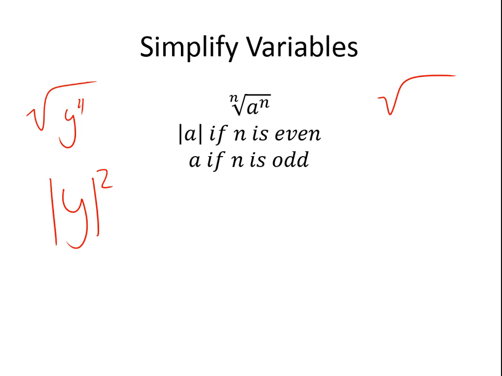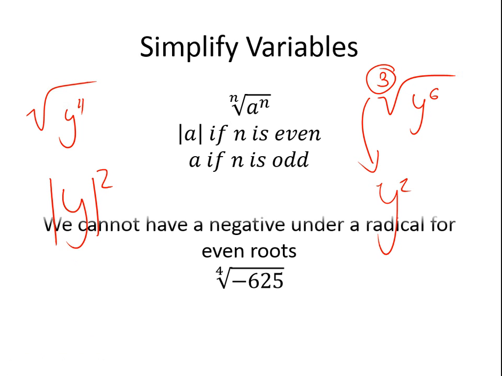But if we were taking the cube root of y to the sixth, we would just say y squared. Since this is an odd root, we don't need the absolute value, and since the other one is an even root, we need the absolute value. It's just something we do to make sure that we keep our variables positive.